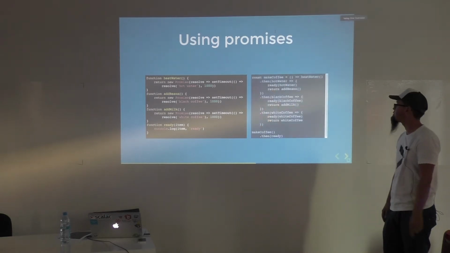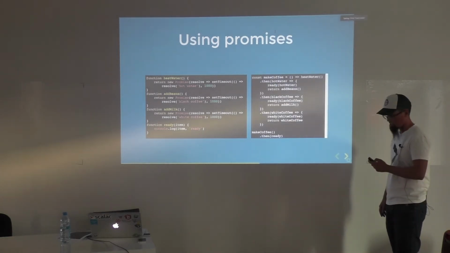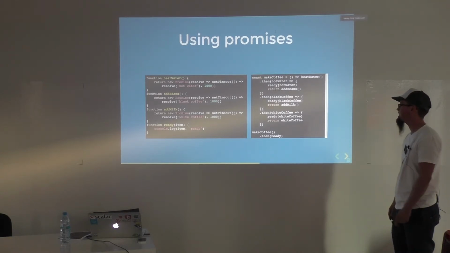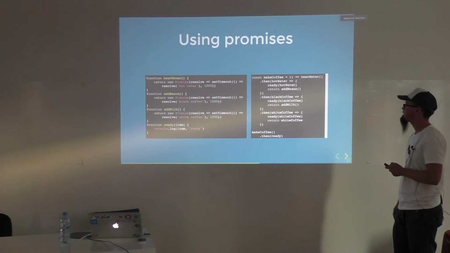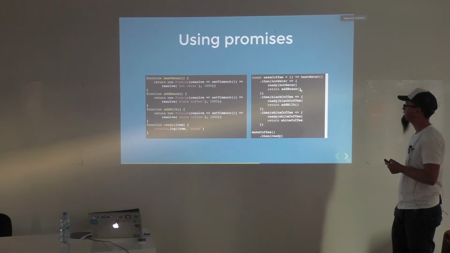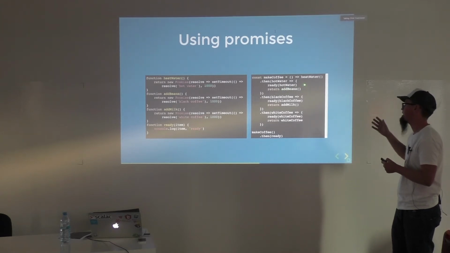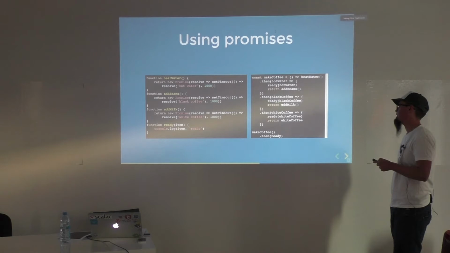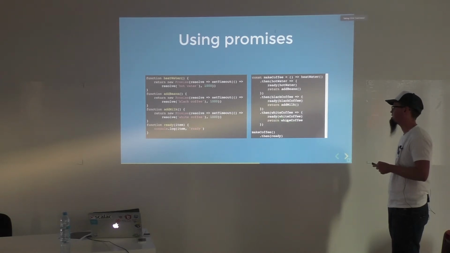And with the code, as you can see, it's all flat. We don't have nested functions. That's because we can chain promises. So here we actually return another promise. When this one resolves, we will get to this then, and the same with adding milk, and at the end we just return a white coffee.